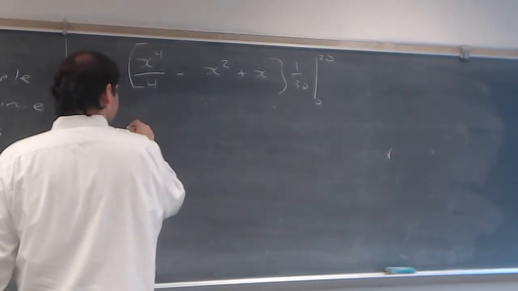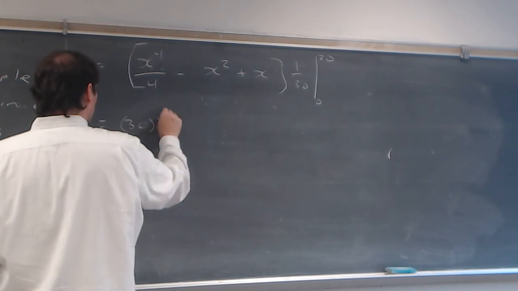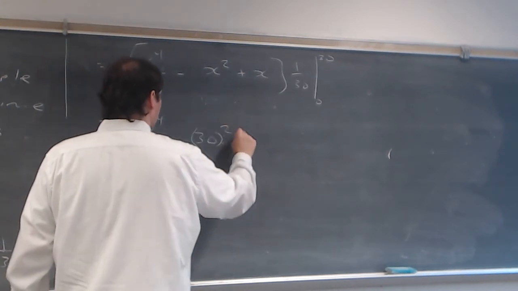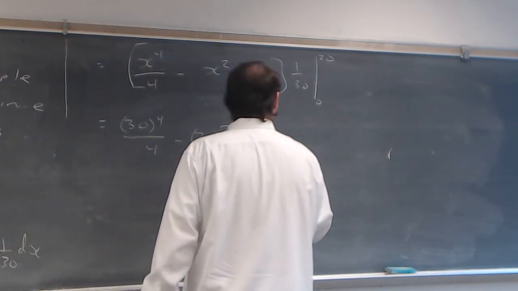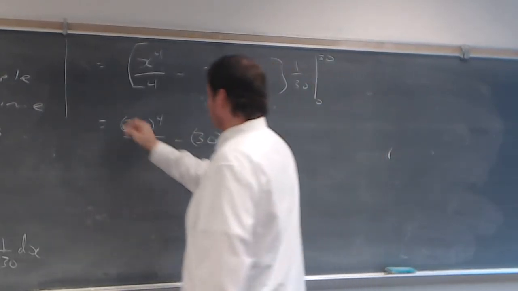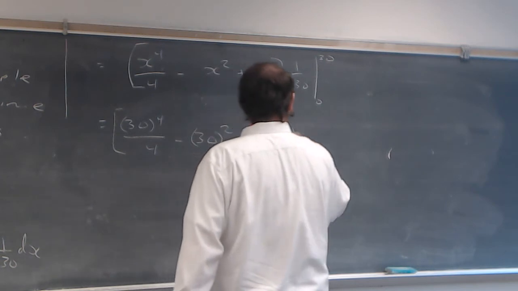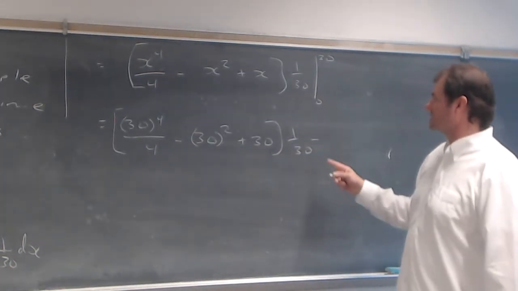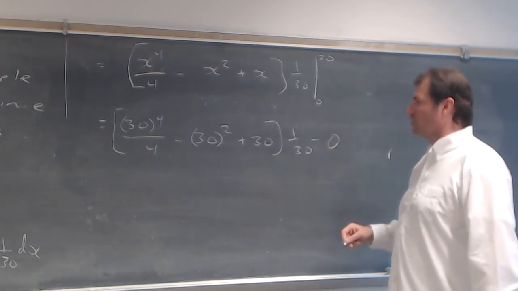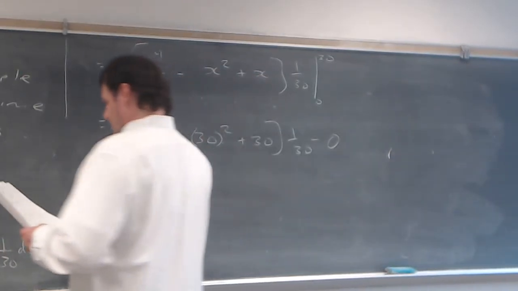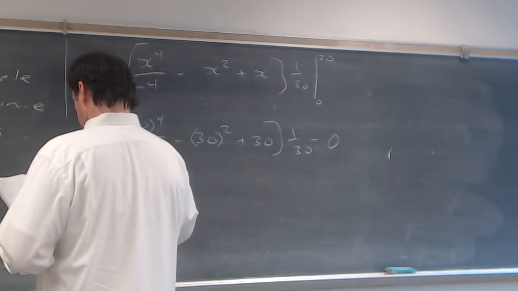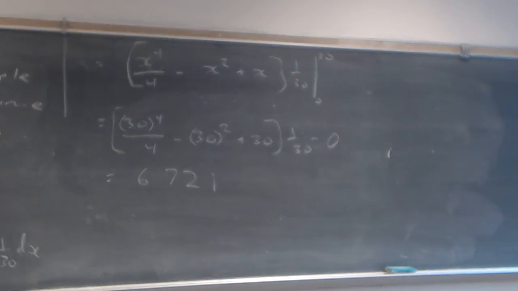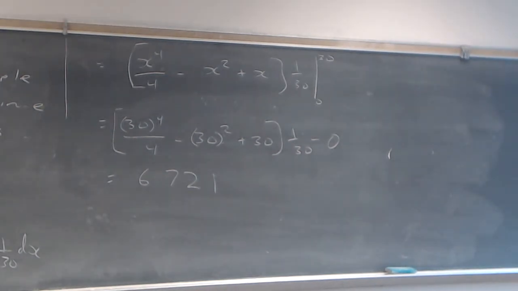And so that's equal to 30 to the 4th power over 4 minus 30 squared plus 30, and then all that multiplied by 1/30, and you would subtract from that what you would get when you stick in 0 for x, but that's just 0. And so the answer, I did this, and I believe the answer is supposed to be 6,721. That's what we get.